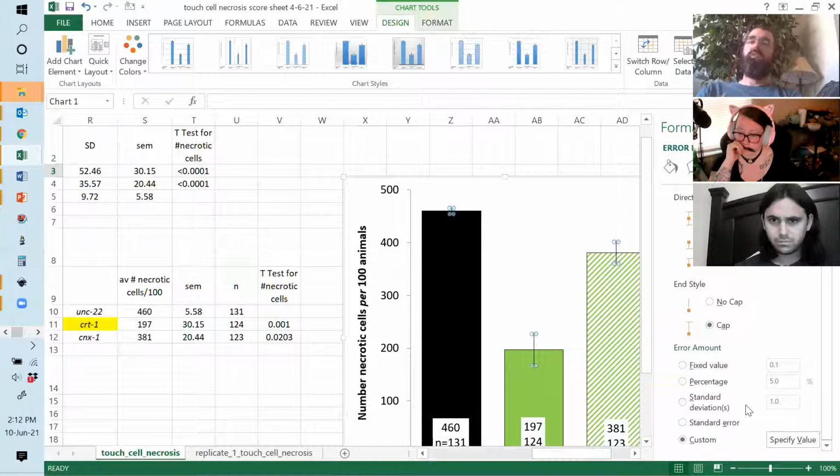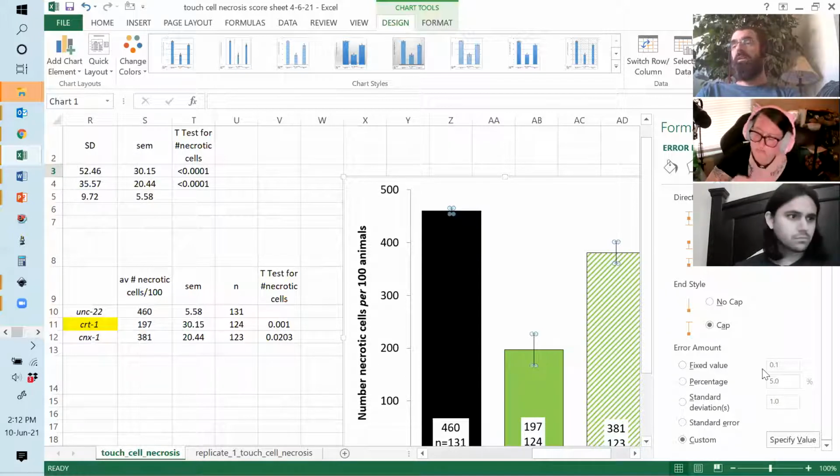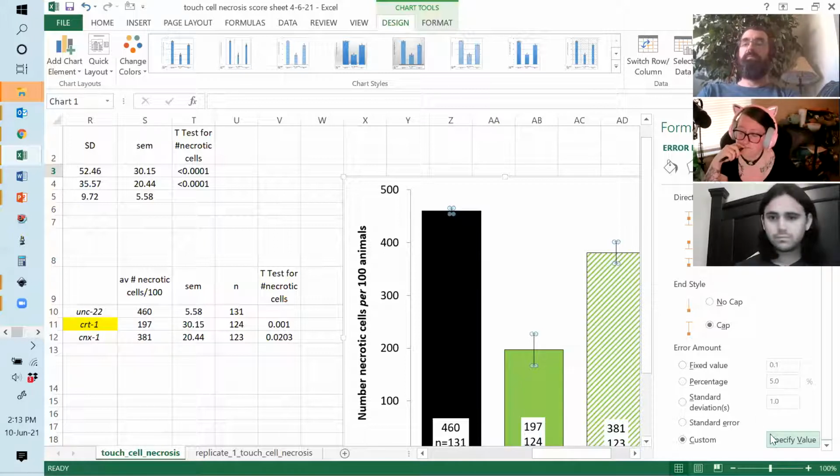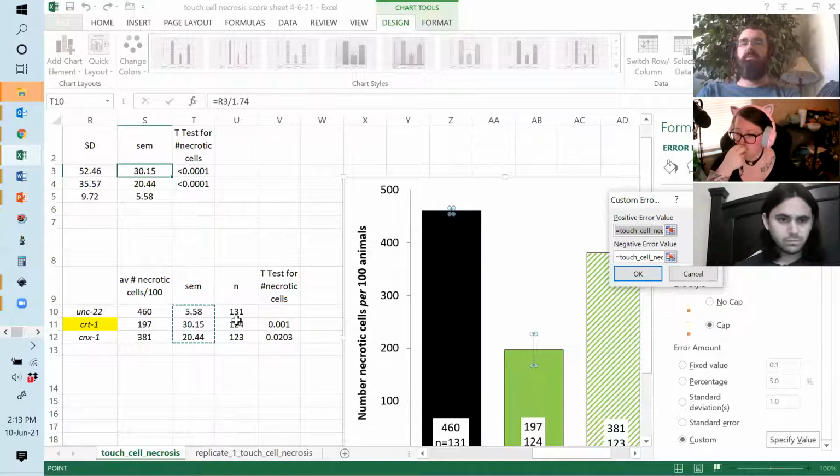And so you can calculate the plus and minus 2 SEM yourself. In Excel, all you have to do is specify the positive and negative values and it does it for you. And so if you click specify value, I've already done it because I've already plotted them.